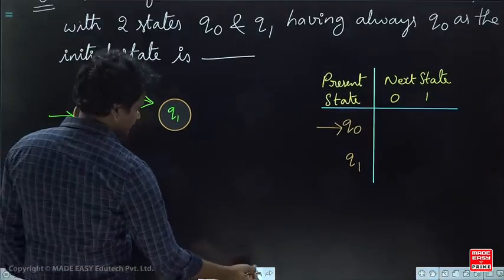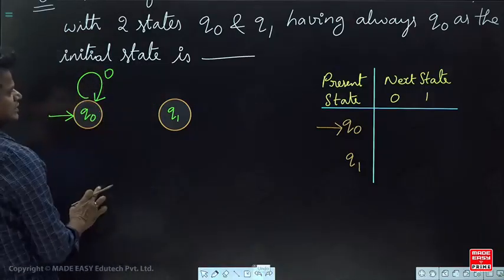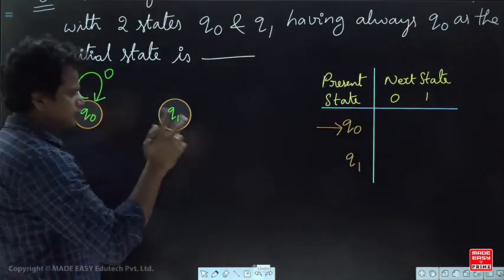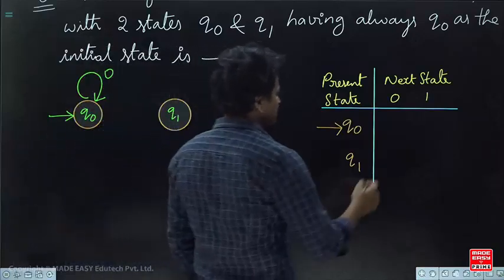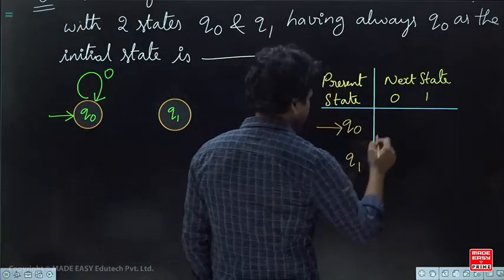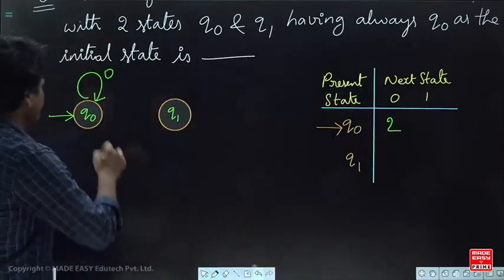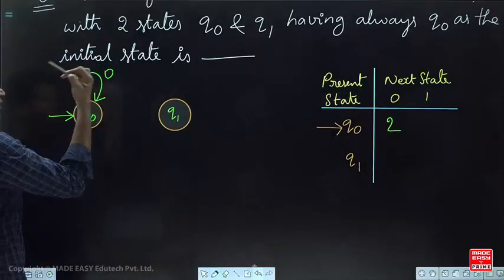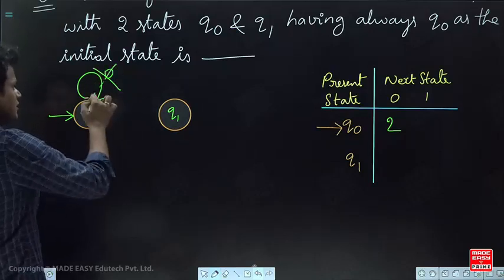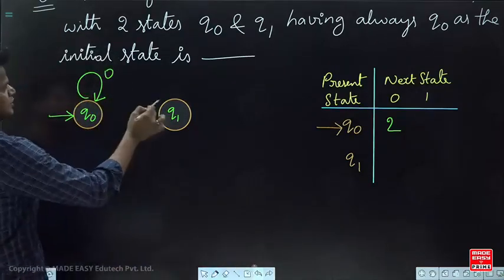So we have two options. So Q naught on 0 you can define in two ways: Q naught on 0 to Q naught, or Q naught on 0 to Q1.